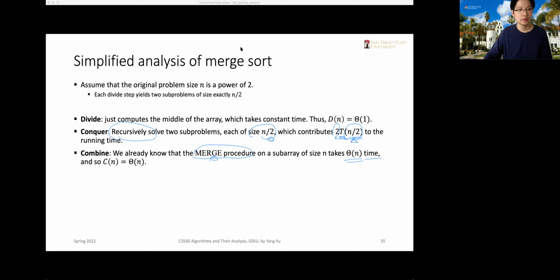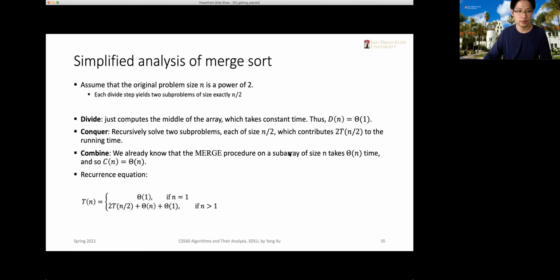All right. So taking all these three steps together, we can use this recurrence equation to represent the total running time of the merge sort problem. And we further simplify it into this form by ignoring the lower order constant term.